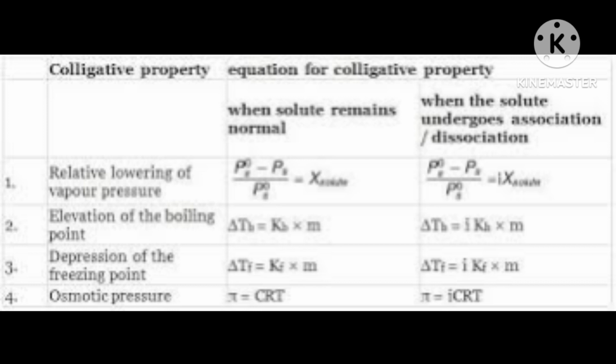What modification will you do? It is very simple. Just multiply by i in all 4 expressions: lowering of vapor pressure, elevation in boiling point, depression in freezing point, osmotic pressure. Whatever formula is there for delta T, you multiply by i.